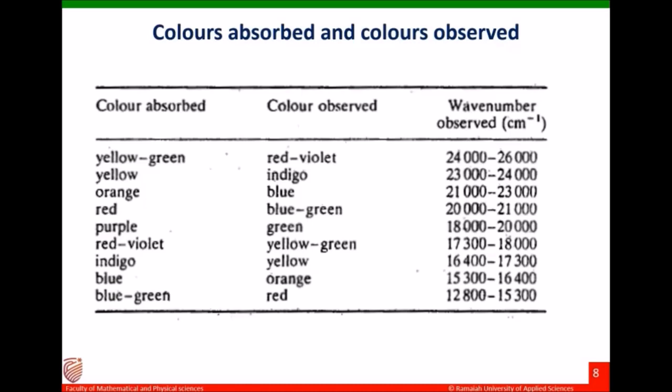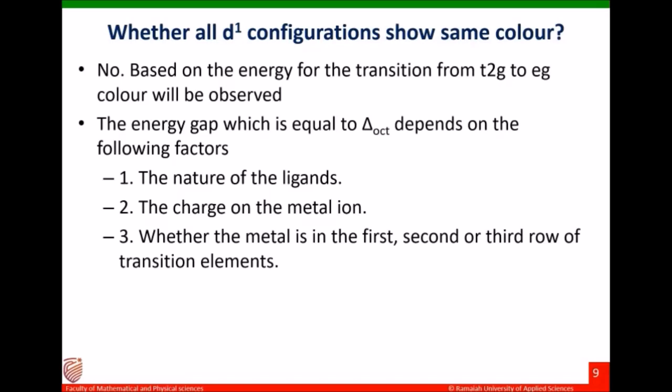If a complex is absorbing a color in the range of orange, then it will appear as blue. If a compound absorbs in the range of blue in the given radiation, then the complex will appear as orange.